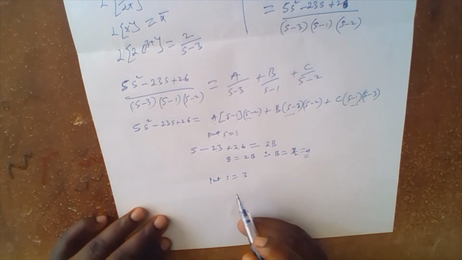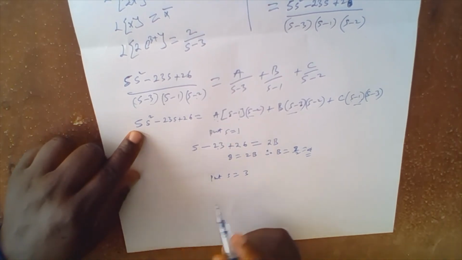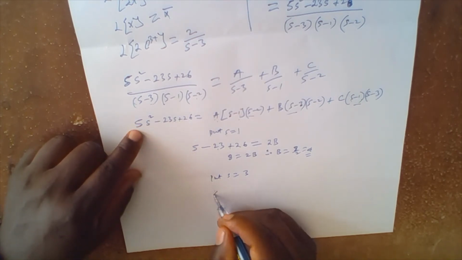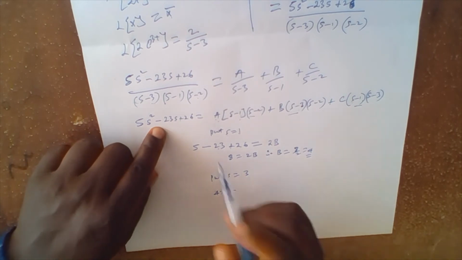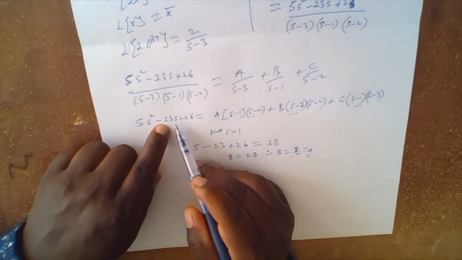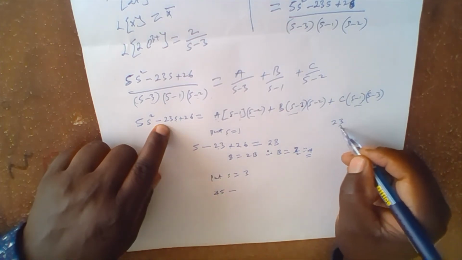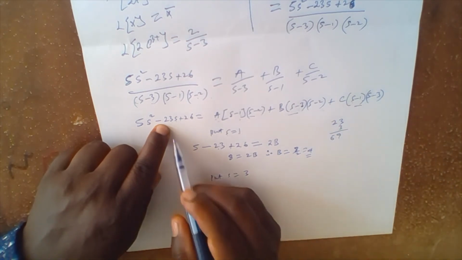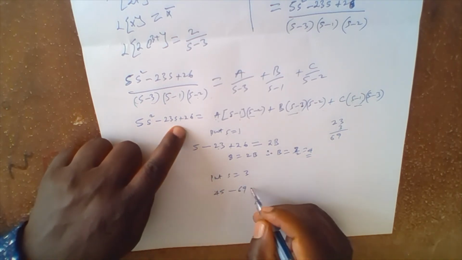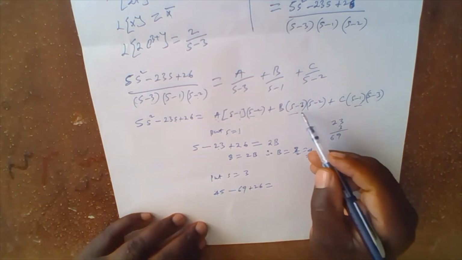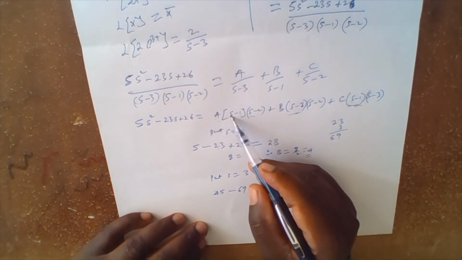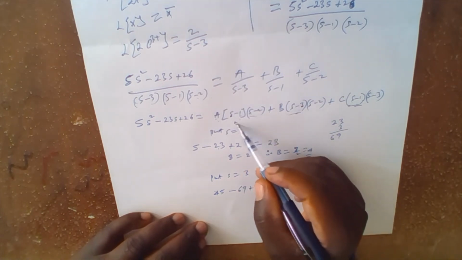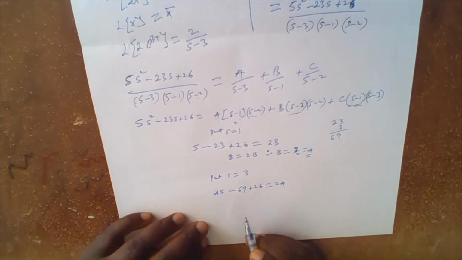When I put s equals 3, this is 3 squared, 9 times 5, I have 45, then minus 23 times 3, which is 69, so I have minus 69, then plus 26, equals, and these will be 0, so I remain with 3 minus 1, which is 2, and 3 minus 2, which is 1, 1 times 2, times A, I have 2A.